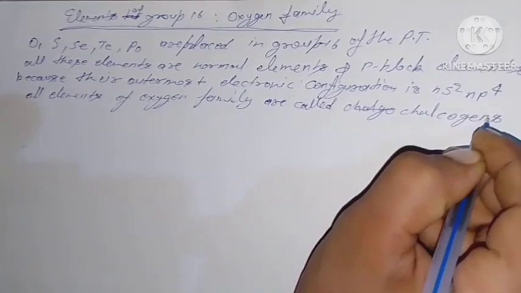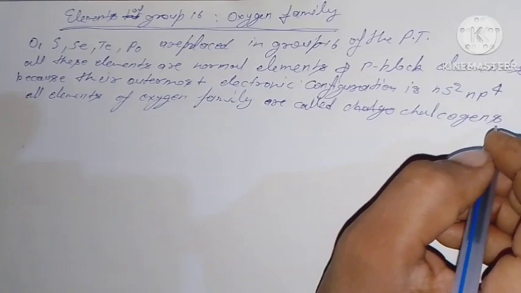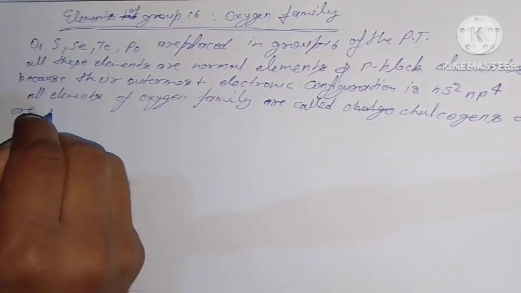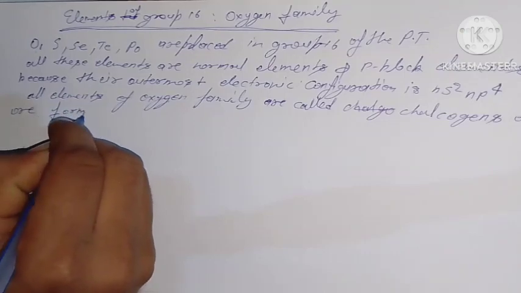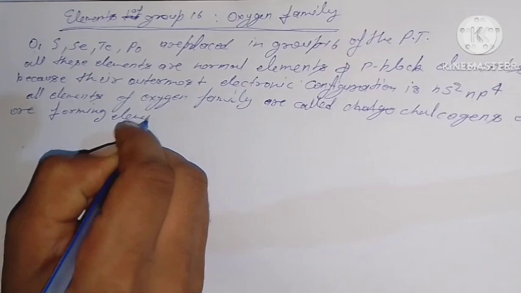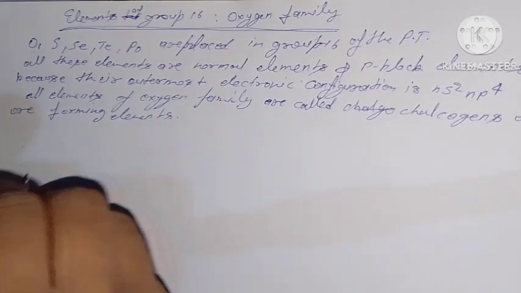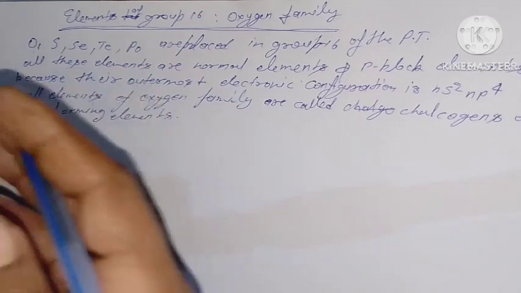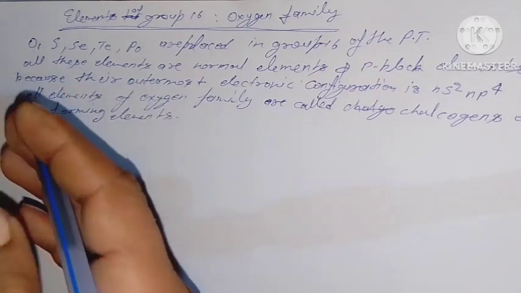Chalcogens are ore forming elements. This is because many of the metallic ores are found in the form of oxides and sulfides.